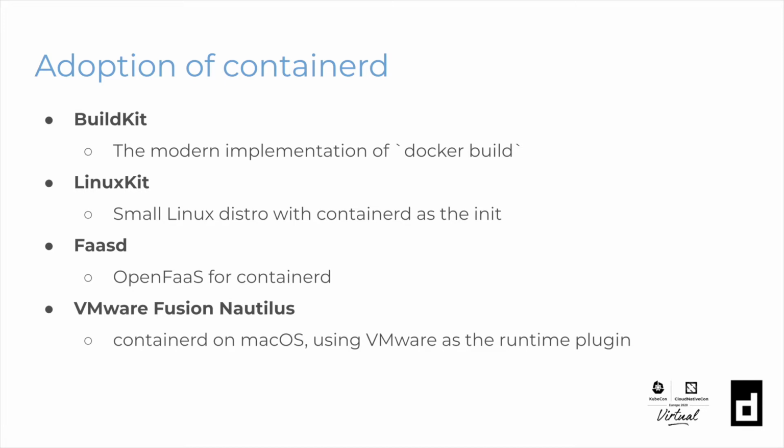And aside from Docker and Kubernetes, containerd is adopted by several projects, including BuildKit, which is a modern implementation of Docker build, LinuxKit, a Linux distribution with containerd as the init process, and also faasd, a function as a service infrastructure for containerd.